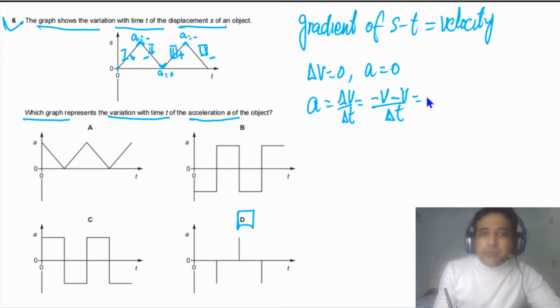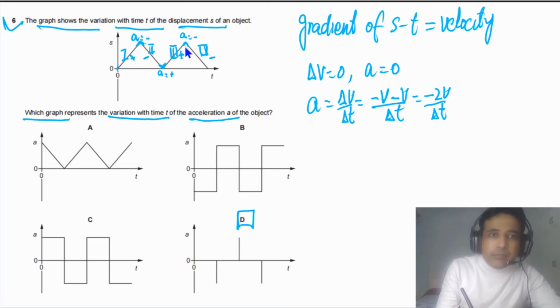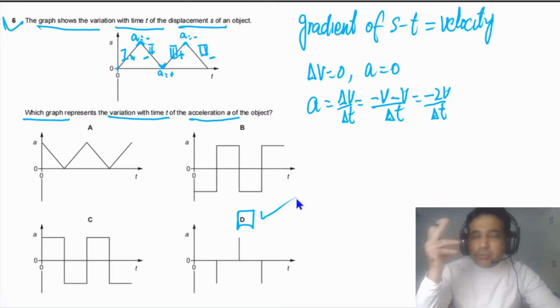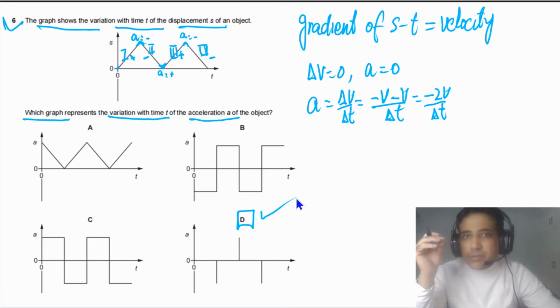So in this case, we will get negative, so this will be negative 2v divided by delta t. So acceleration is negative here. Here will be positive, here will be negative. So the answer for this question is D. A little bit tricky question, but if your concept is clear, you can find out. On the other hand, this is a nice question to develop your understanding of ST graph, VT graph, and AT graph.